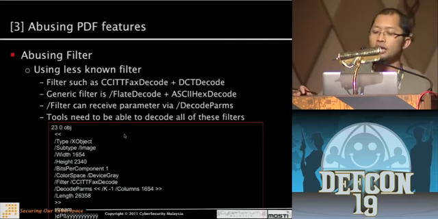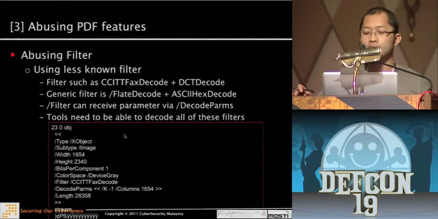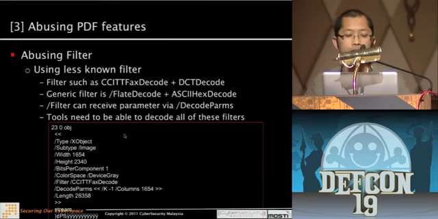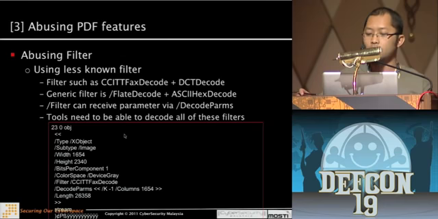If you use less known filters, for example CCITTFaxDecode and DCTDecode, there's a pretty high chance your malicious PDF will not be detected. But in general, normally you have FlateDecode, ASCIIHexDecode, and a bunch of others like ASCII85 and JBIG2Decode.